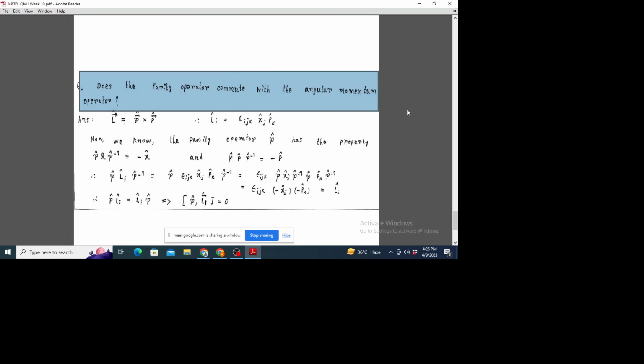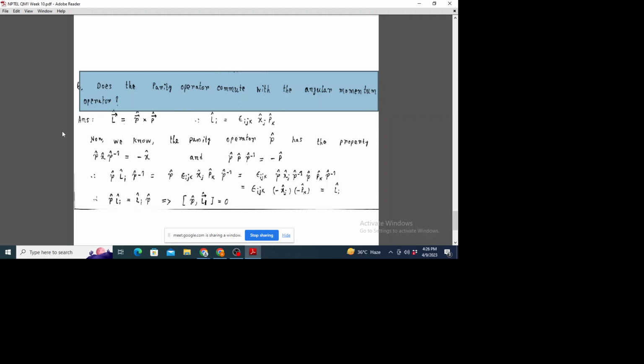A vector that does not change sign under parity is called a pseudo vector. So L is a pseudo vector. Another pseudo vector is the magnetic field. Magnetic field is another pseudo vector, but electric field is a proper vector.